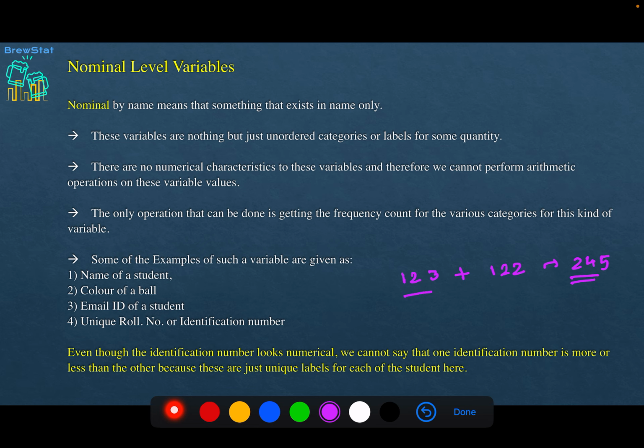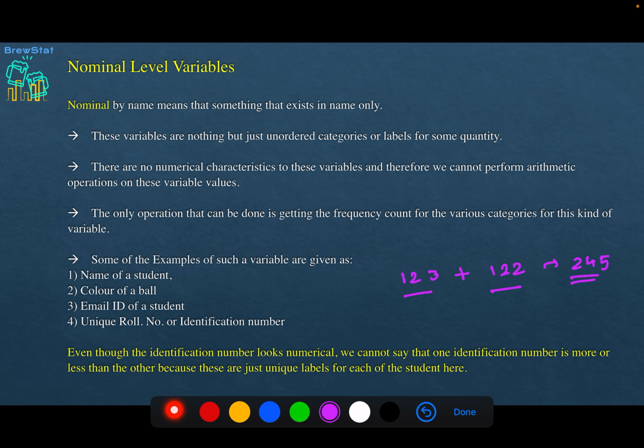These roll numbers, although they look numerical, are still categorical because we cannot say that a particular roll number is greater than the other. Although some of these are numerical, we cannot say one identification number is more than the other because they are just unique labels for the student.